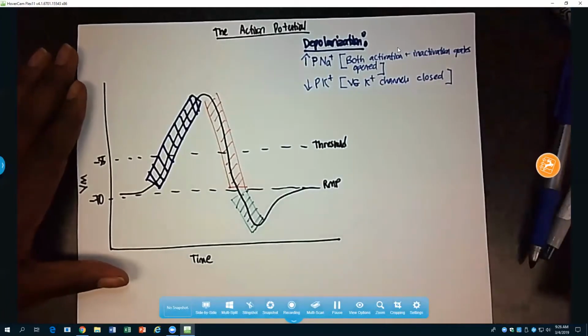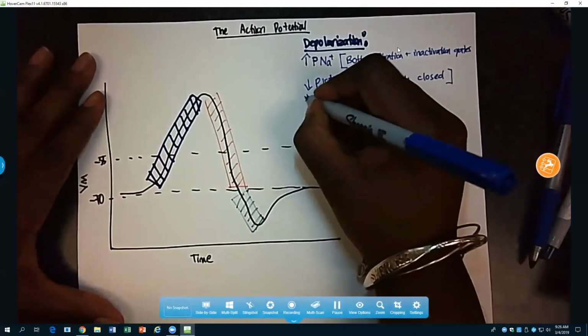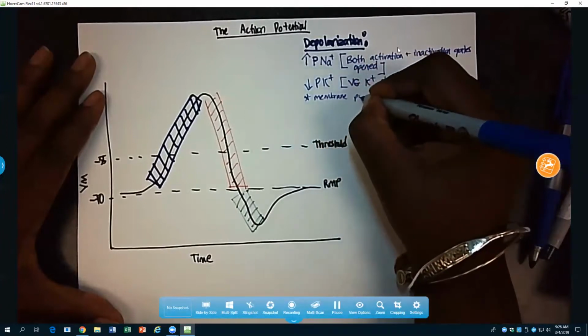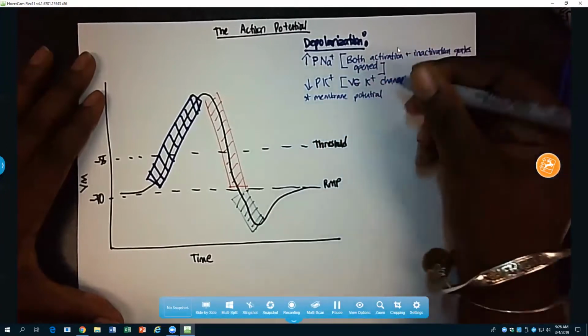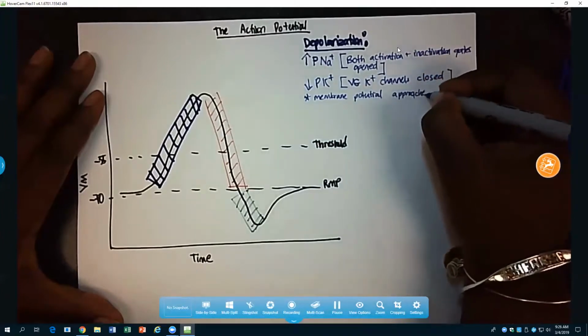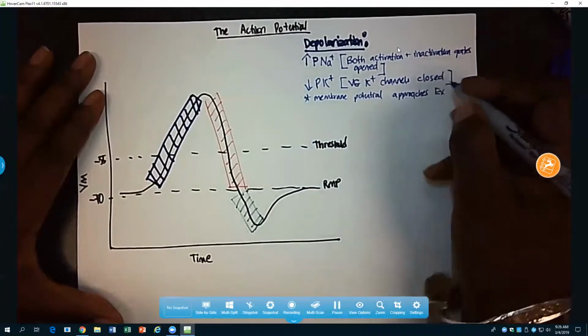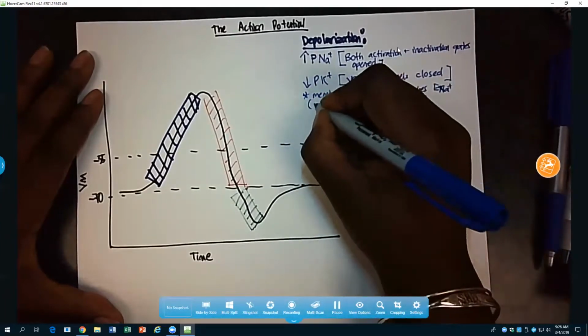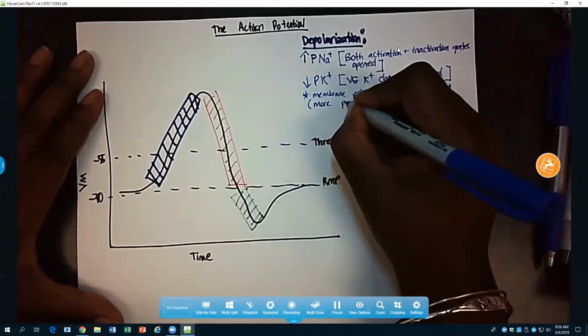Okay. And so essentially what's happening here is that the membrane potential approaches the equilibrium potential of sodium, right? And all that means is that it becomes more positive.